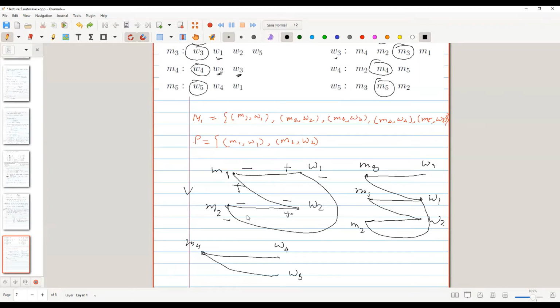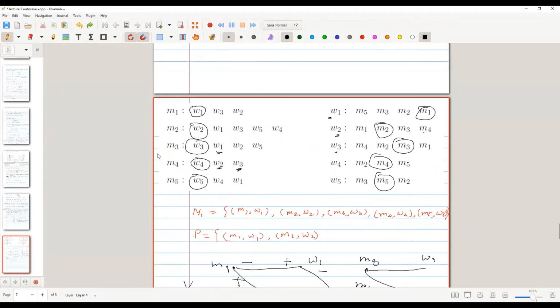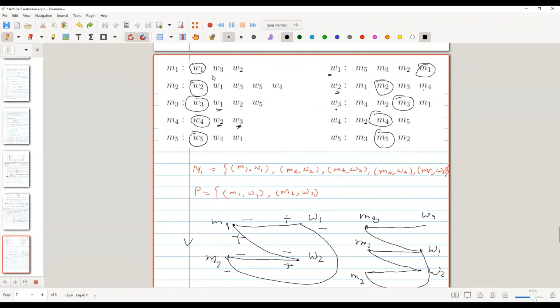If we apply this rotation, what will be the current matching? If we eliminate this rotation, what will be the matching? Anyone can tell me? The new matching would be M1 W2 and M2 W1, and the rest will be the same.